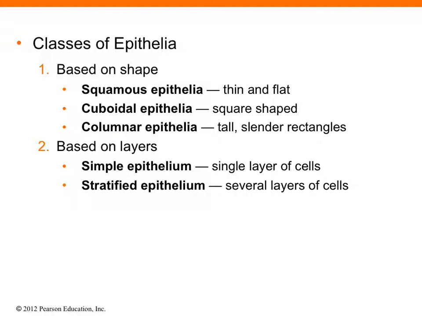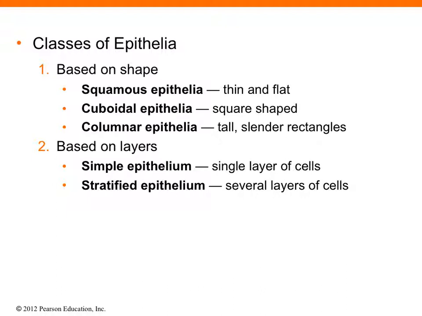Epithelial tissue is classified based on shape and layers. The 3 basic shapes of epithelial tissue are squamous epithelia, which is thin and flat, cuboidal epithelia, which is square-shaped, and columnar epithelia, which is tall, slender rectangles. Those are the 3 basic shapes.